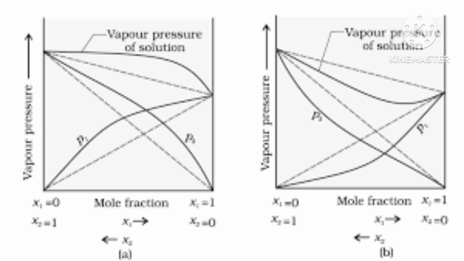Okay. Now I have already discussed these two types of graphs, with vapor pressure on the y-axis and mole fraction on the x-axis. Here you will find two diagrams, one for positive, where the swelling is above the line, and the second diagram below the line, the same type of diagram, but one above the line and the other below the line.